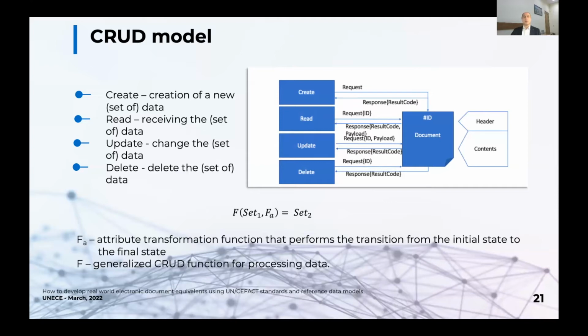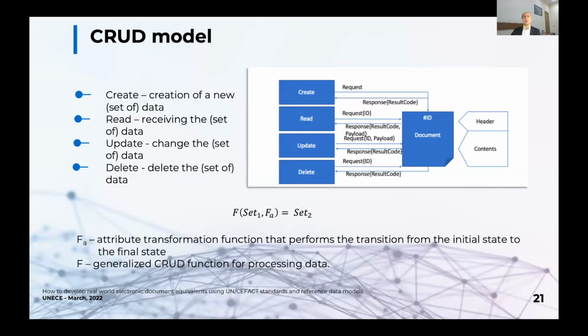The complexity and diversity of the original set of data transformation functions can be hidden inside such four basic functions as the operation of executing a function on a function. You can see the formula, where f is a generalized function from the CRUD set of functions for processing data, and fa is the function that performs transformation from the initial state to the final state.